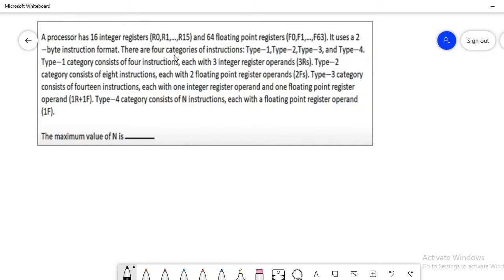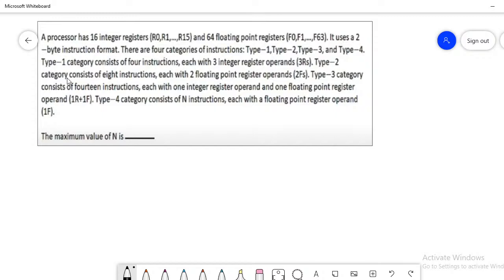So there are 4 categories of instruction given: type 1, type 2, type 3 and type 4. Each type is given some specification. Type 1 category consists of 4 instructions, each with 3 integer register operands.